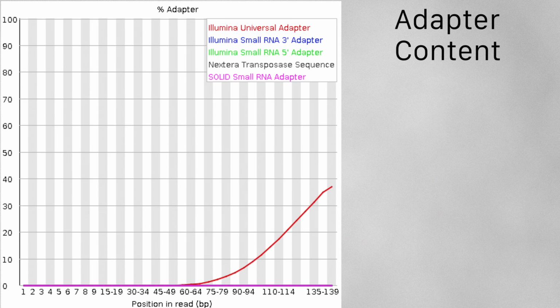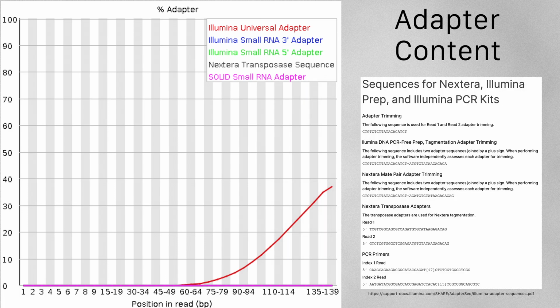Another important metric in your FASTQ file is the adapter content. FastQC automatically determines the enrichment of specific and known adapter sequences that have been published by library preparation manufacturing companies, so it is easy to identify what adapters you need to trim from your sequence.